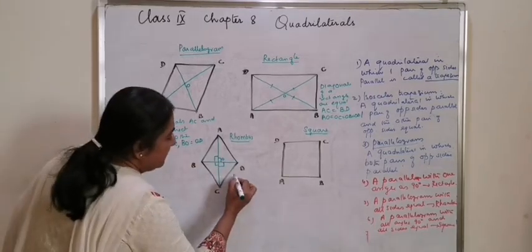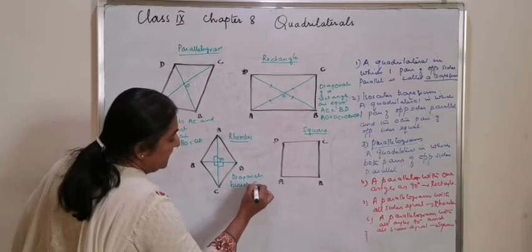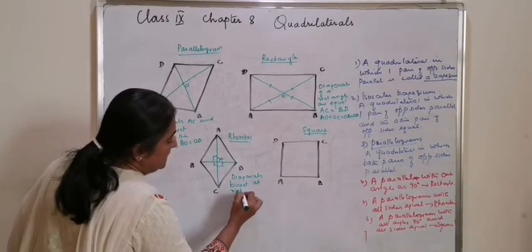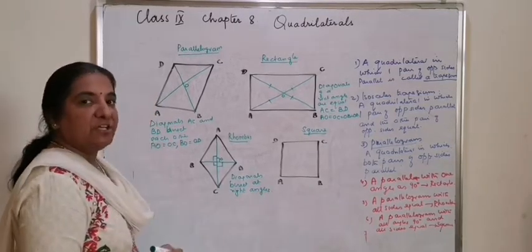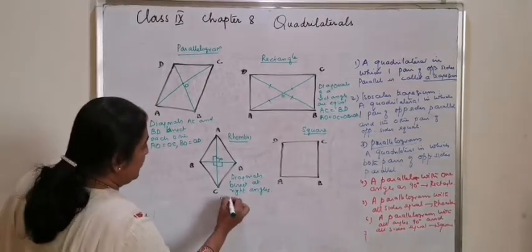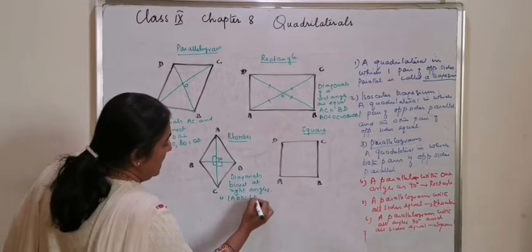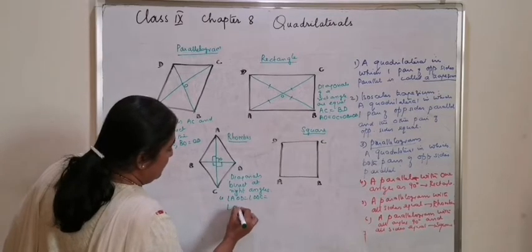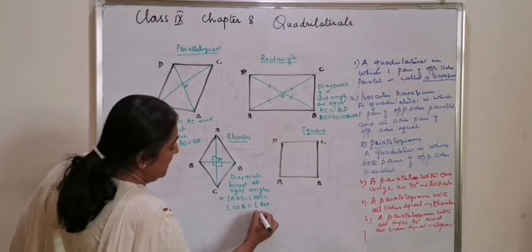That is, angle AOD is equal to angle DOC is equal to angle COB is equal to angle BOA is equal to 90 degree.